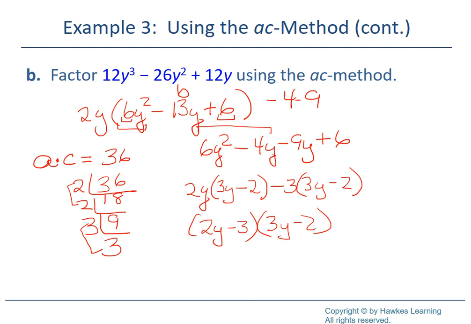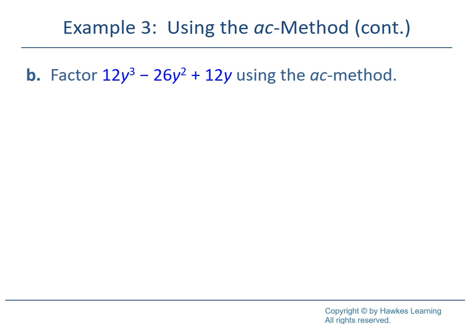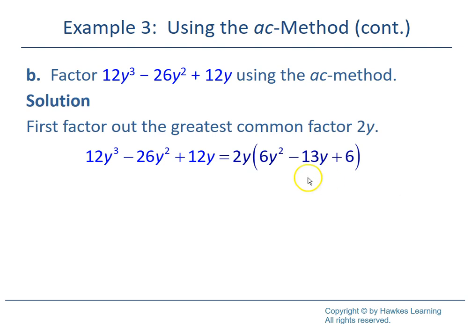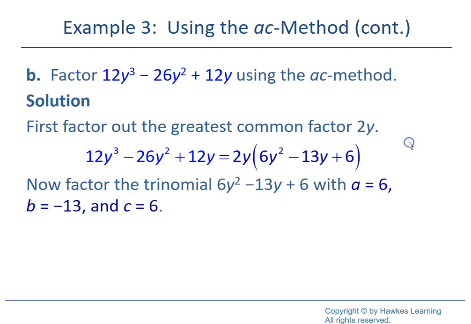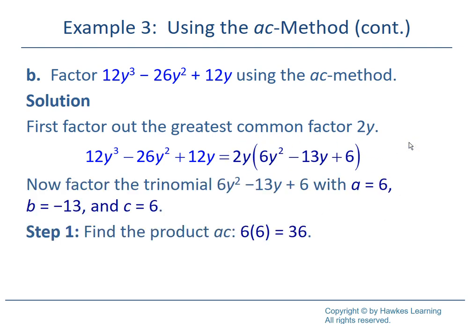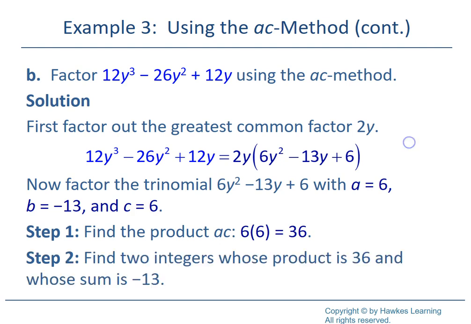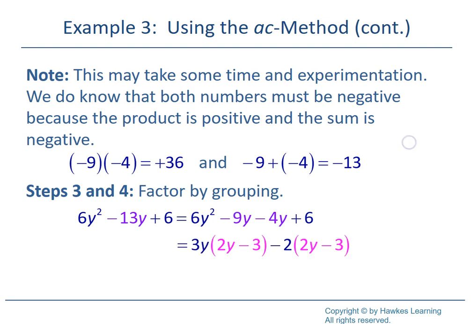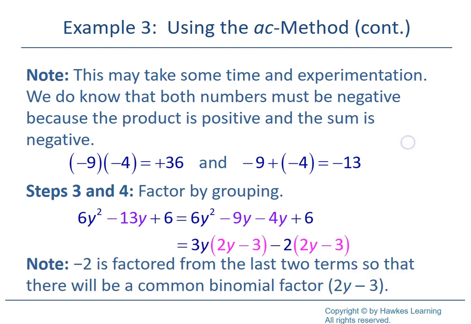And let's see what they got. Okay, they took out the 2y. They've identified our a, b, and c term. And they factored by grouping.